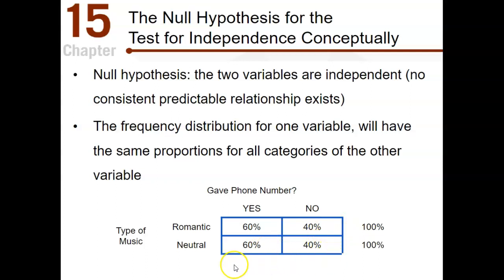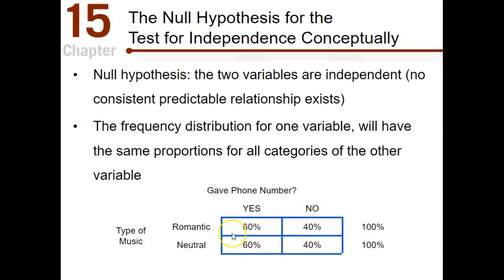And we had another sample of women who listen to neutral music. It would be as if these two rows are two different samples and we're comparing them. To say that the variable type of music makes no difference is to say that you're going to see the same distribution for these two samples.